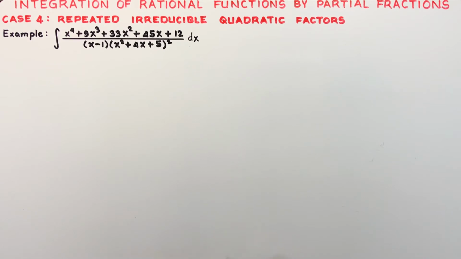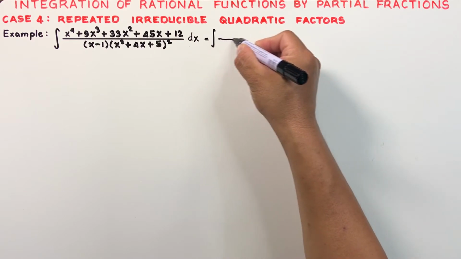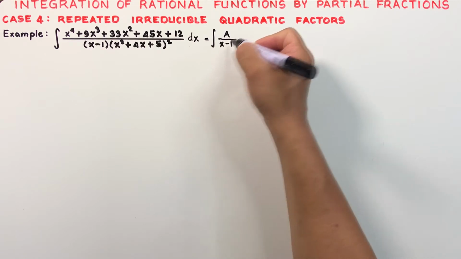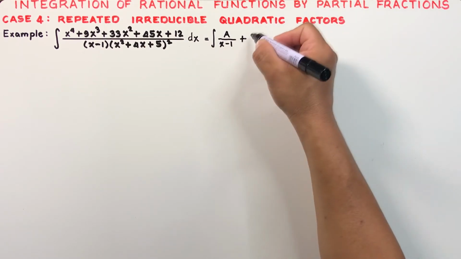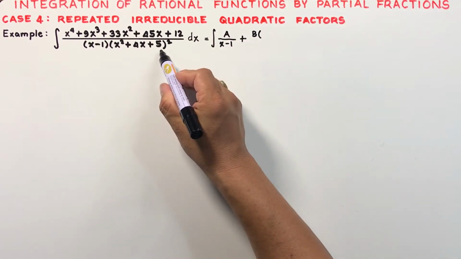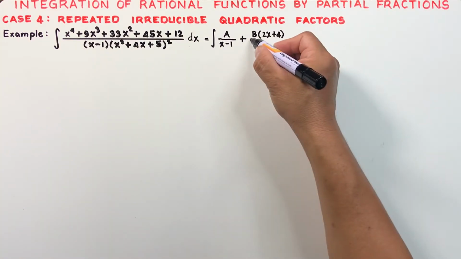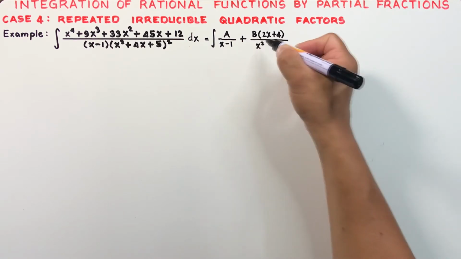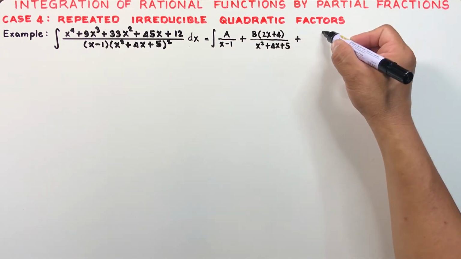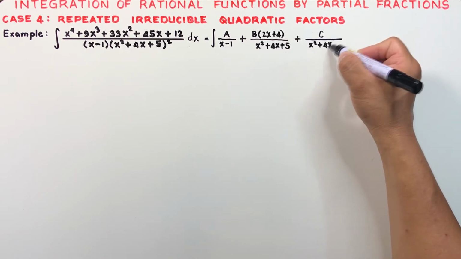Therefore, we can now break it down into its equivalent partial fraction, which is a over x minus 1. And this is added to b times the derivative of this quadratic factor, which is 2x plus 4 over the quadratic factor x squared plus 4x plus 5 plus c over this denominator, which is x squared plus 4x plus 5.